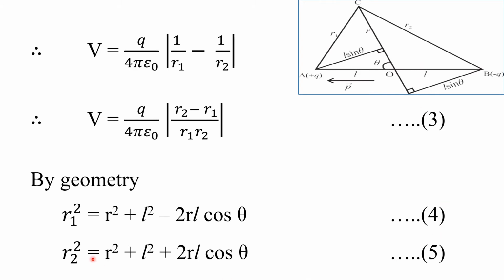So we can write R2 square is equal to R square plus L square minus 2RL cos of 180 minus theta, and cos of 180 minus theta is minus cos theta. Therefore this sign becomes positive.